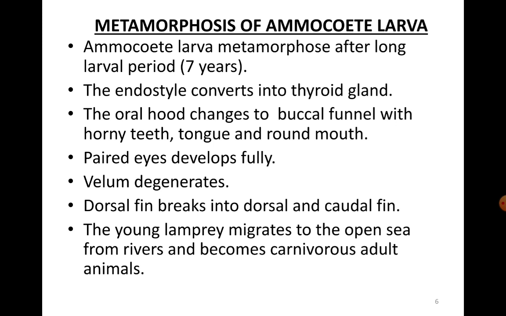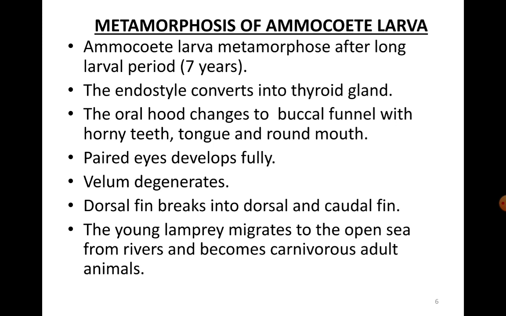Single median nostril shifts to the top of the head, and then the nasohypophyseal sac grows backwards. The nasal sac becomes folded internally, and the continuous dorsal fin becomes divided into two. Pericardial cavity becomes completely cut off from the coelom, and the spinal cord becomes dorsoventrally flattened.